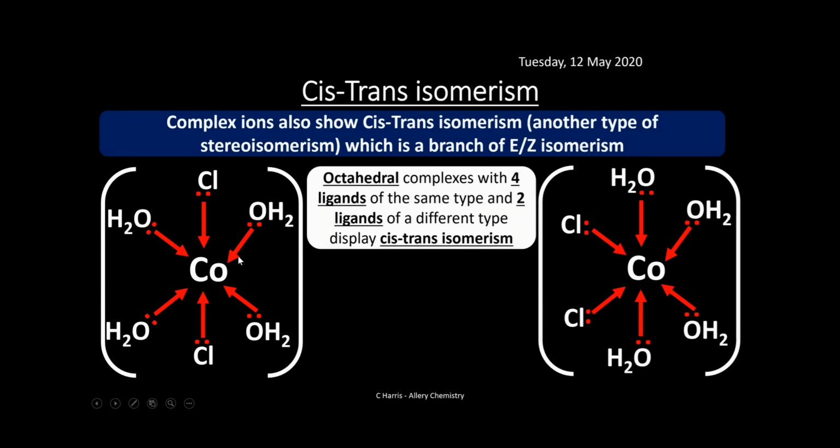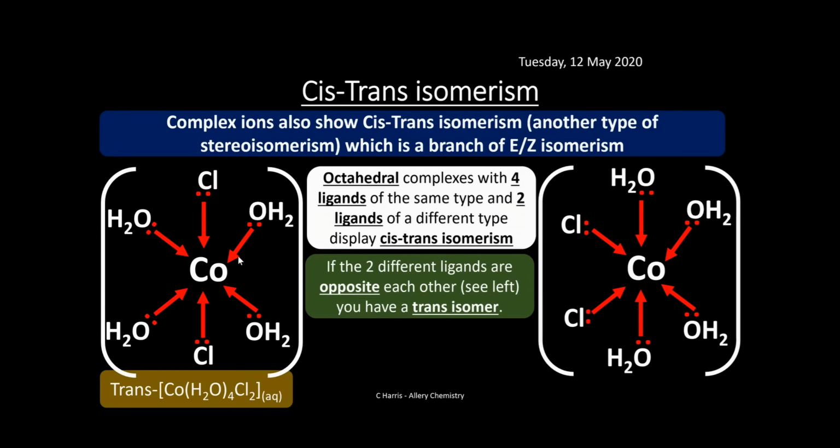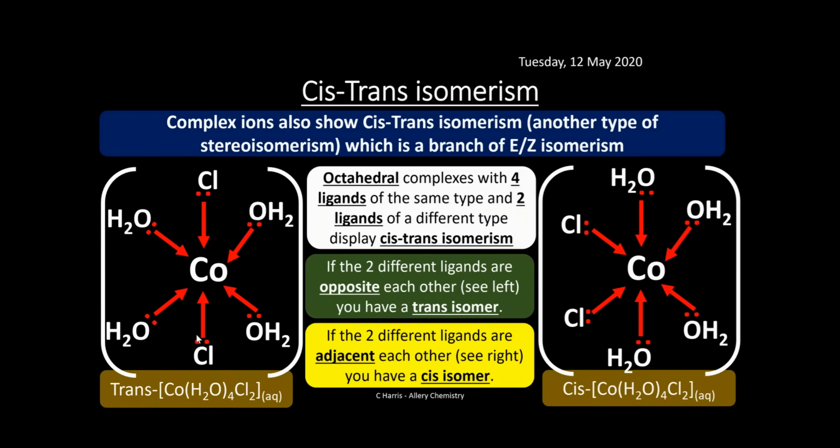If the 2 different ligands are opposite each other, on the left we have the trans isomer because they're opposite. If they're next to each other, we call that a cis isomer because they're adjacent. That's fairly straightforward, there's nothing too difficult there.